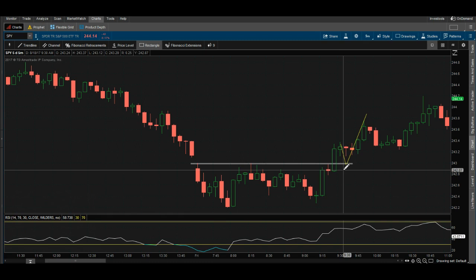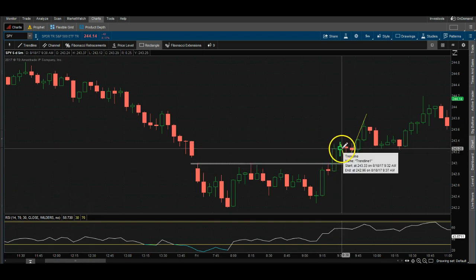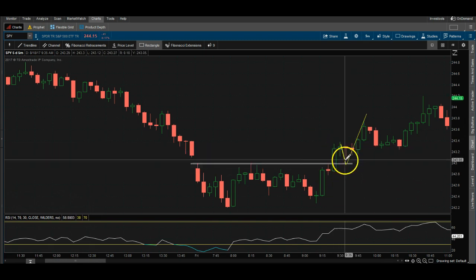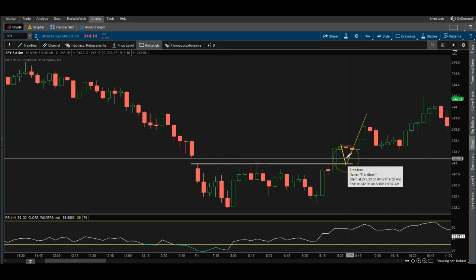Is it a high dollar stock or a low dollar stock? If it's a $10 stock, maybe you only want to give it 5 cents. If it's a $200 stock, maybe give it 20 cents. Give it a little wiggle room. Give it time to play.